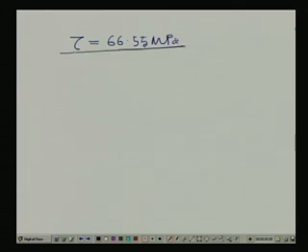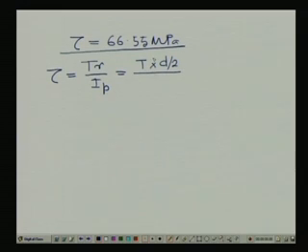And we know from the basic equation of torsion, this is TR by IP, that equals T into R, where R is D by 2, since the stress is maximum at the surface, divided by pi d to the power 4 by 32, and this equals 16 T by pi d cubed.